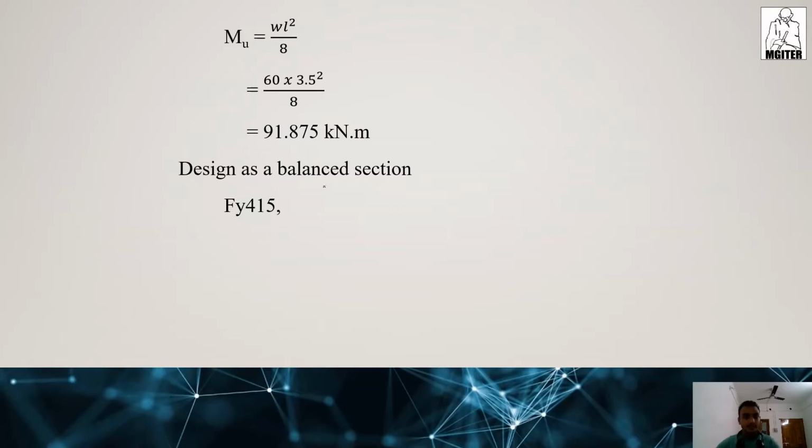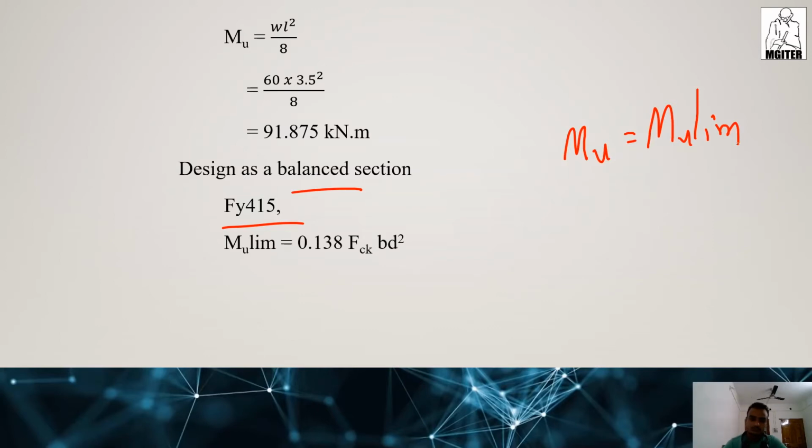Okay, then after, design the balanced section. So Fy is 415. The first condition for the balanced section is Mu equal to Mu limit. So this is Mu and here is Mu limit, both are the same. For 415, the equation is 0.138 fck bd square. This equation we will find in the singly reinforced beam analysis section in the previous lectures.